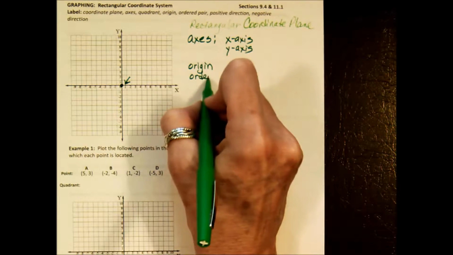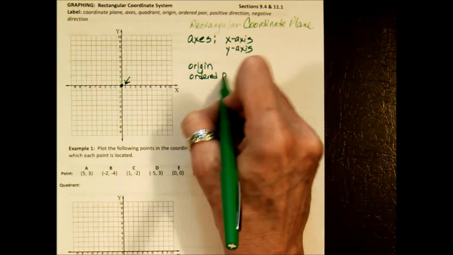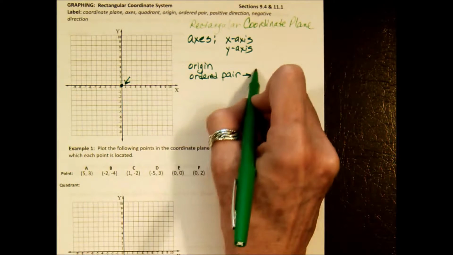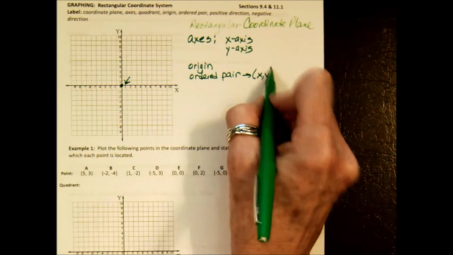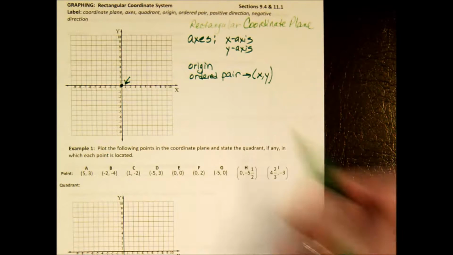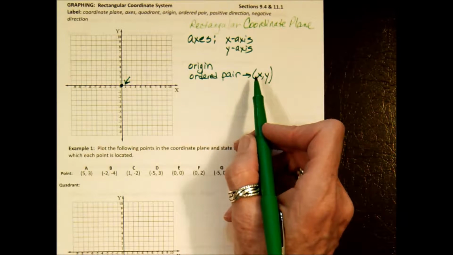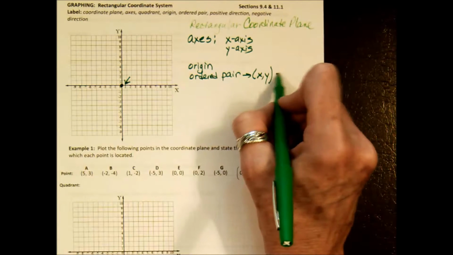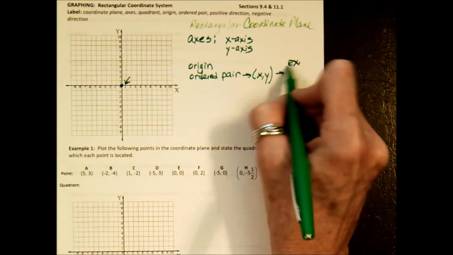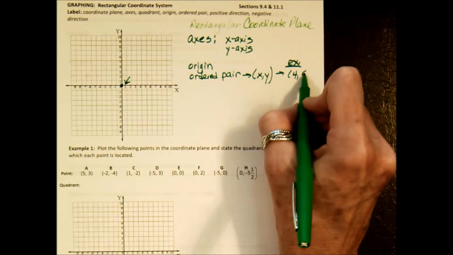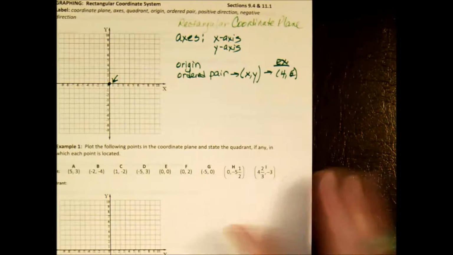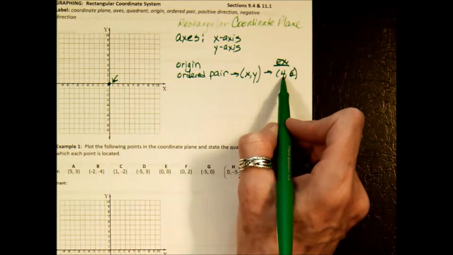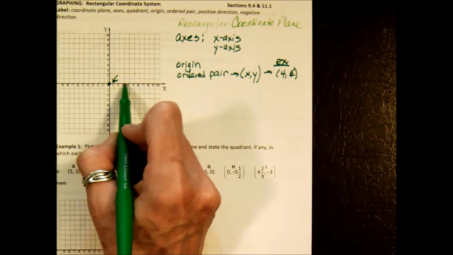Every location on the coordinate plane can be described by what we call an ordered pair. It's called ordered because the order of the numbers matters. The x coordinate is always given first. So for example, if I wanted to find the location 4, 5, since that 4 comes first, that means it's in the x direction, and since it's positive, it's to the right, so I go over 4.